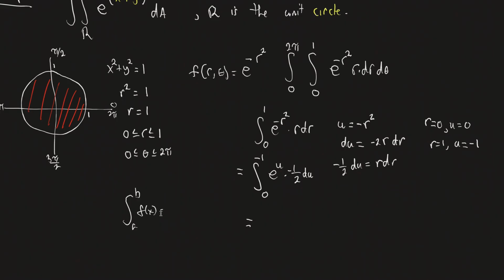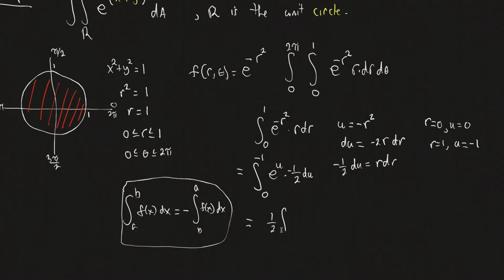If you have this, and let's say you put a negative in front of this, it's the same as now going from B to A. You're basically just flipping the formula of the FTC. So you can use this property if you want to remove the additional negative sign. So if I remove the negative sign here and just take out a 1/2, then I get to put the lower limit as negative 1 and the upper limit as 0, and then we have our e to the u du. So now let's use our FTC.